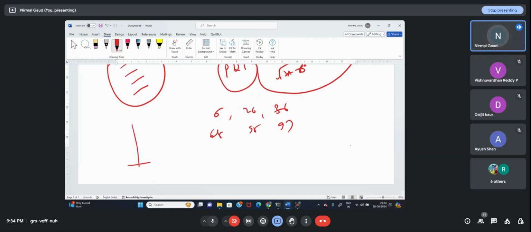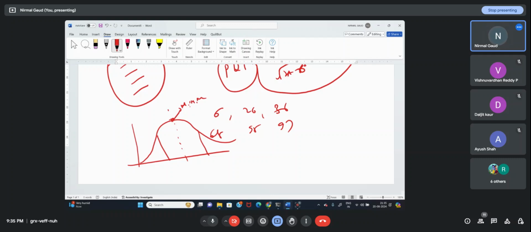Here I'm dividing the data. This is the mean, median, and mode, that is the central value.